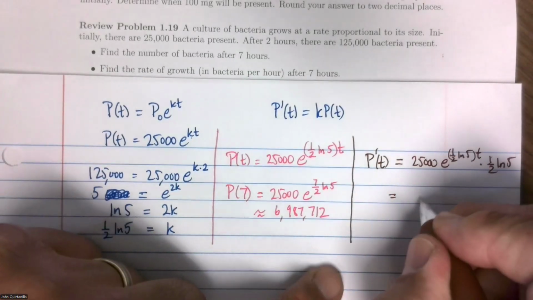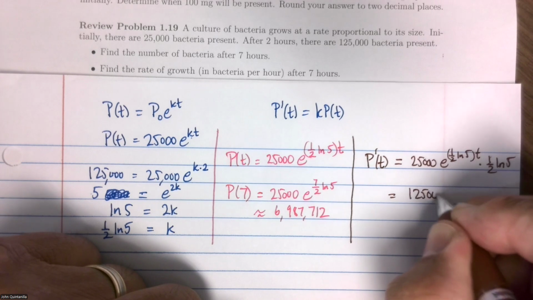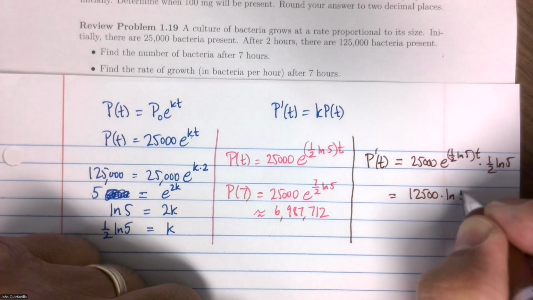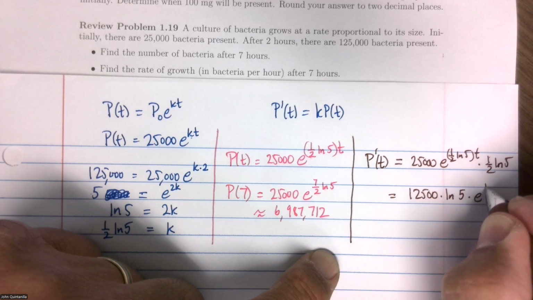And so that simplifies as 12,500 times the natural log of 5 times e to the 1/2 natural log of 5 to the T.